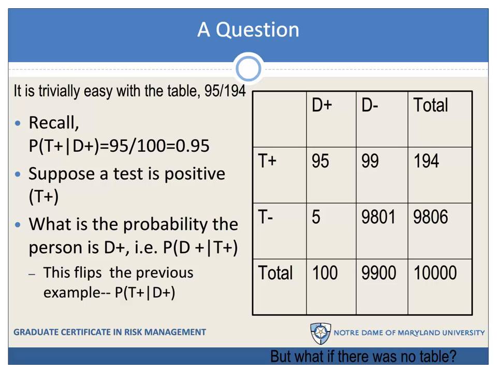We're no longer looking at 10,000 people. We're looking at 194 people. Of those 194 people, how many of them are disease positive? And the answer is 95. So that probability of disease positive given test positive is 95 out of 194.